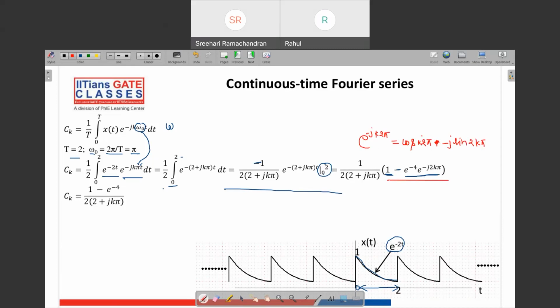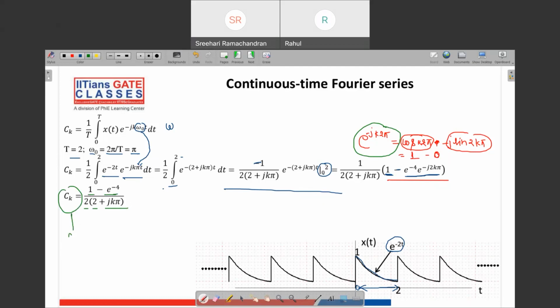This term is equal to 1 and this term is equal to 0, so you can directly write that this term is equal to 1. You will be left with 1 minus e to the power minus 4, divided by 2 plus 2 j k pi. Now if you see this c of k, it is a complex number.